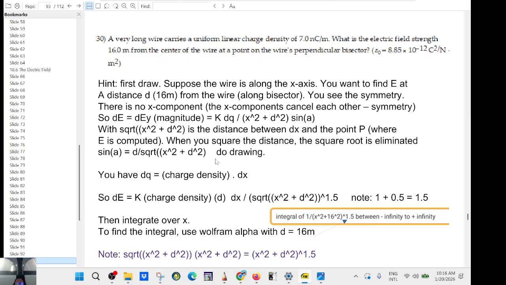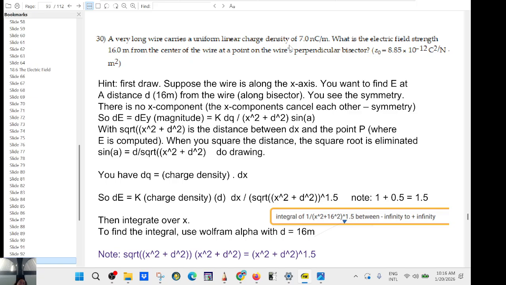Okay, so let's try to do this one. For this one, we're going to take a shortcut, because it's a very, very long wire. You should practice and do the integral and see if you get the same thing.